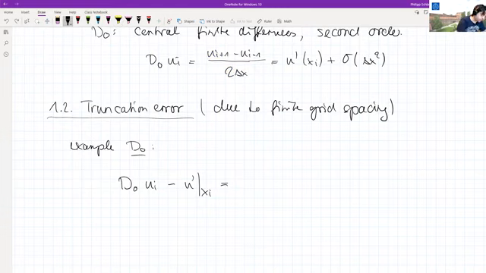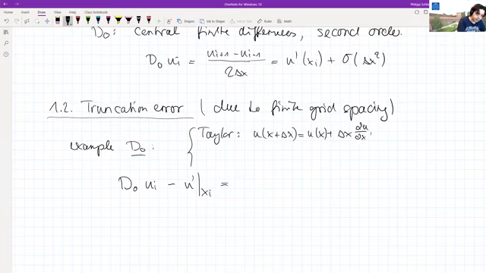So essentially we write using Taylor expansions. Taylor expansion we do for u of x plus delta x. That would be u of x plus delta x of du dx plus delta x squared divided by 2 of d squared u dx squared, and so on. And as you see here, we also need to have ui minus 1. That corresponds to u of x minus delta x.